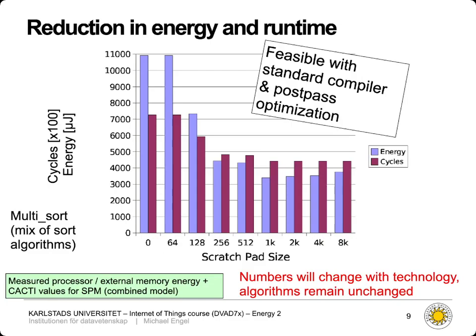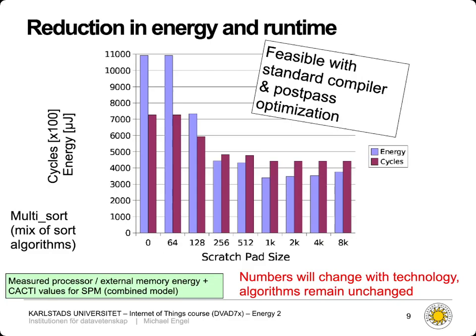With a scratchpad size of 0, so no scratchpad at all, we use about 11,000 microjoules for a certain example, and there seems to be a local optimum at a scratchpad size of 1 kilobyte, because afterwards our energy goes up again, since we still have to run and operate this larger memory.